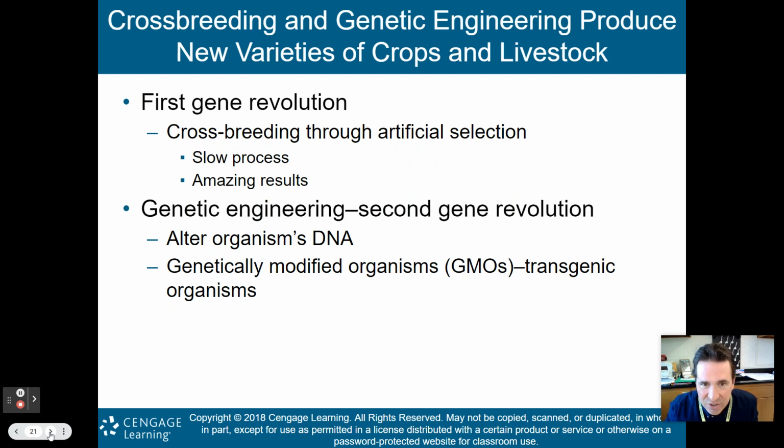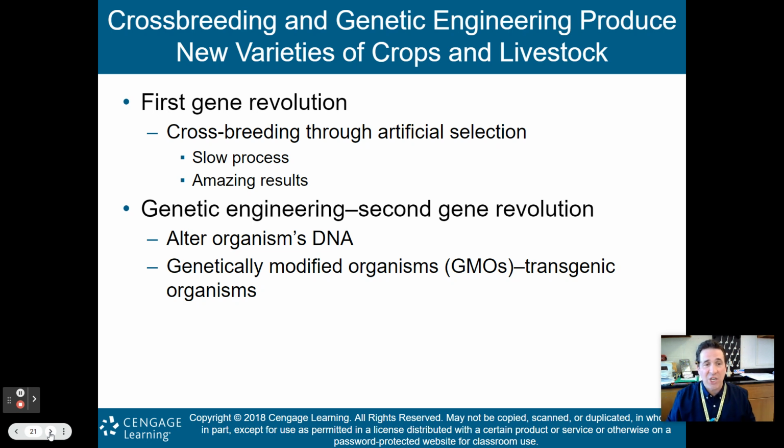Genetic engineering is our second gene revolution, right? Here we actually alter the organism's DNA. These are called genetically modified organisms, GMOs, or transgenic organisms. We're actually going in and altering the DNA of the organism to modify it to be what we want it to be.